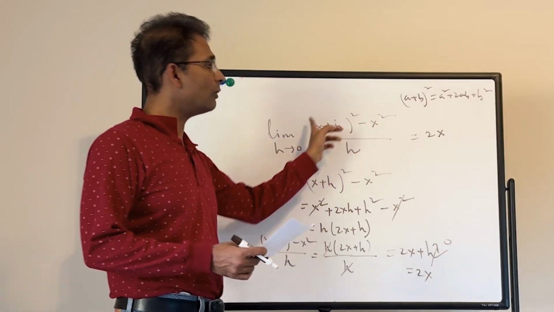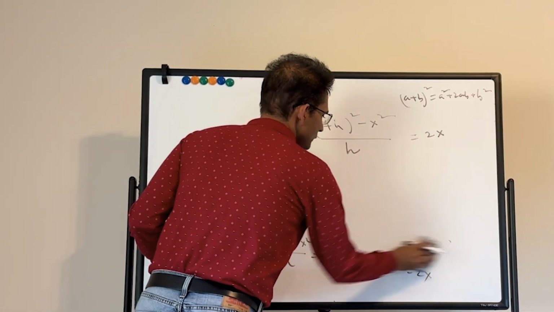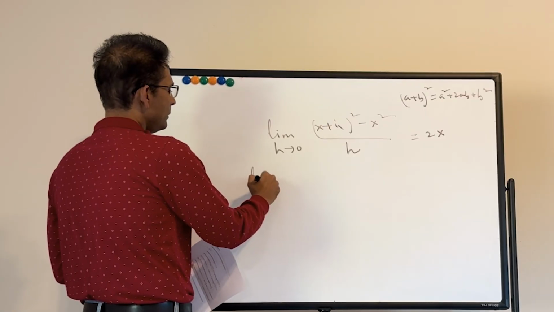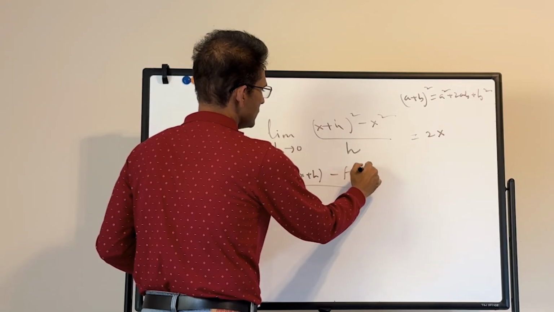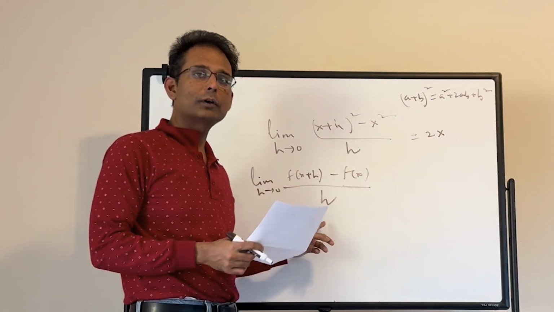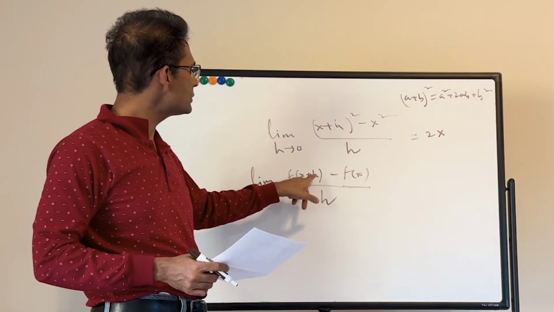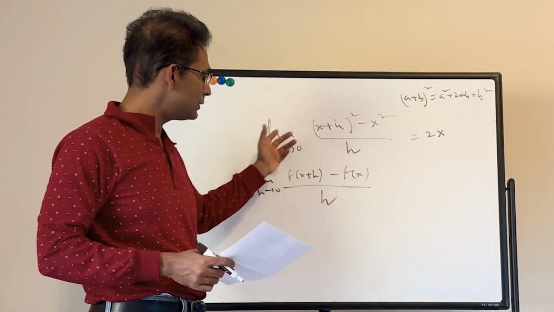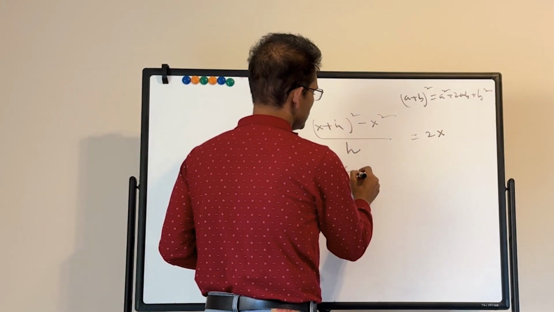So let's generalize this situation a little bit. Let's say you have a general expression like this: limit as h goes to 0 of f of x plus h minus f of x, divided by h. In this expression, the numerator is 0, because if you set h to 0, you have f of x minus f of x, so the difference is just 0, and the denominator is also 0.